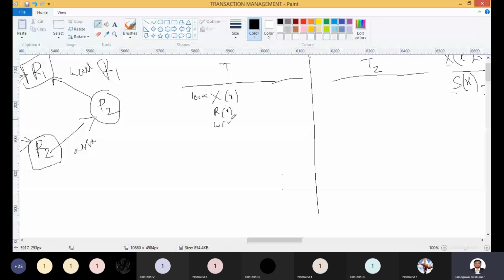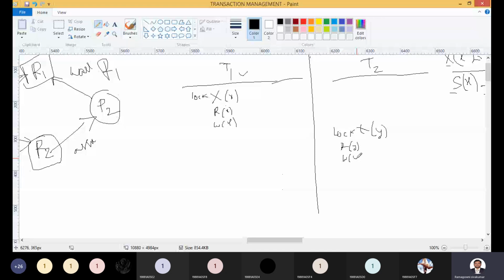Here, performing exclusive lock on Y data item, and then I'm performing reading operation on Y data item. Then I'm performing write operation on Y data item.